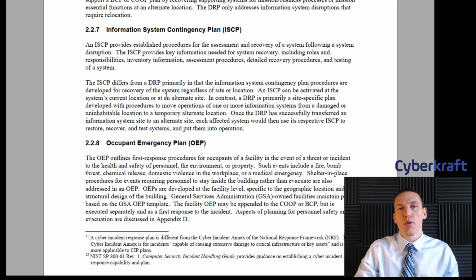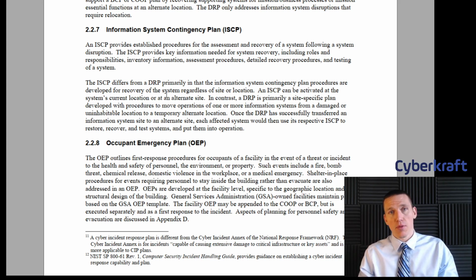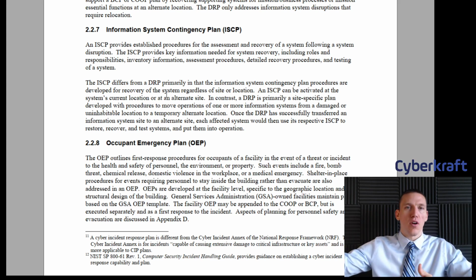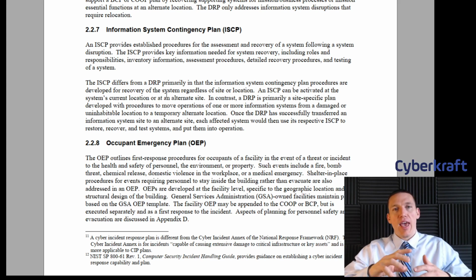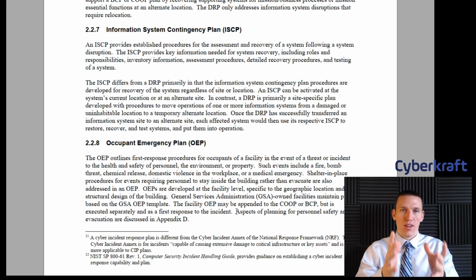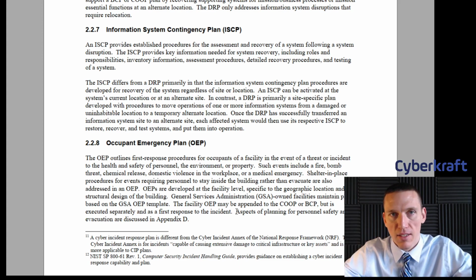Or as a cloud customer, we want to back up our information systems and use failover systems, or put our data in the cloud, or have our web application use redundancy in the cloud. So we use that information system contingency plan to achieve that.